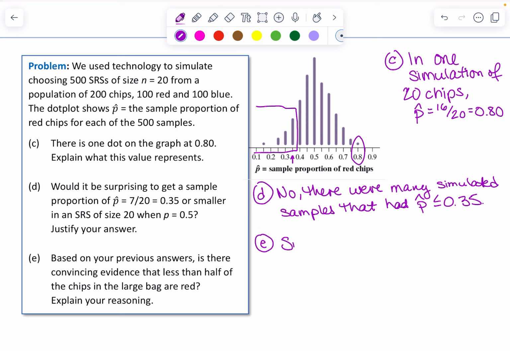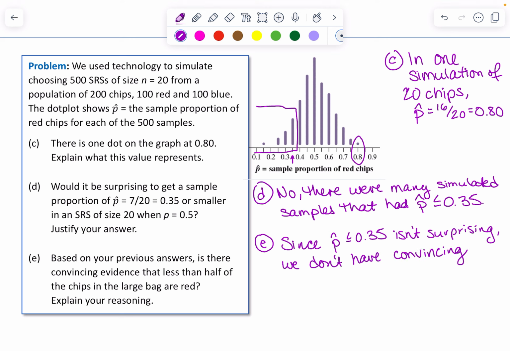Since p hat less than or equal to 0.35 isn't surprising, we don't have evidence that less than half of the chips are red.